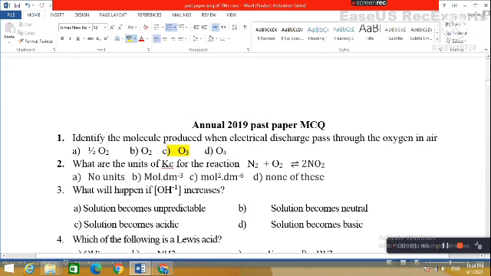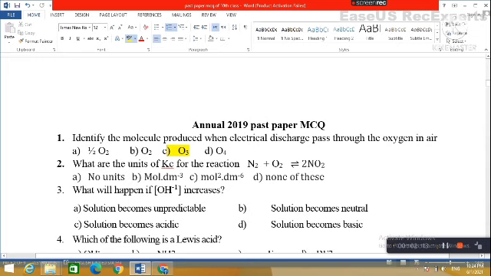One thing you must remember, whenever you see a reversible reaction in which the number of moles of the reactants and products are equal, there will be no units for Kc, because Kc is basically the ratio between the products and reactants.